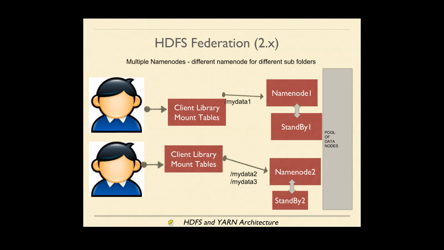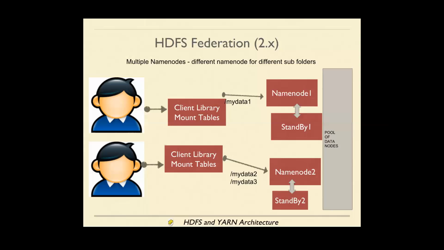The only difference is that we maintain a mapping: if we are trying to modify this folder, we should go to this name node. If we are trying to modify this other folder, we should go to the other name node. It is like mounting two file systems on your machine, like C colon and D colon. If you modify C colon, it might be on one network. If you modify D colon, it might be on another network.